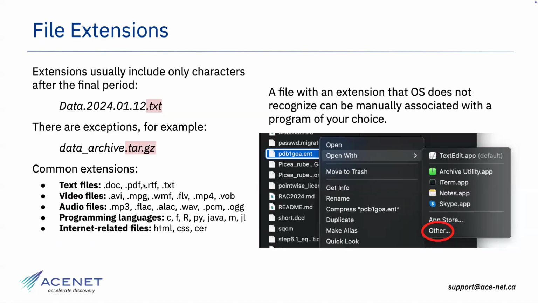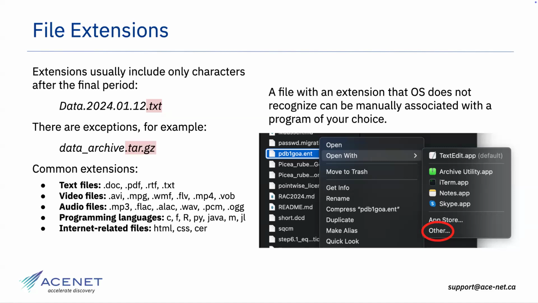An operating system might rely solely on the file extension to determine which application to use to open it. Or it might also rely on metadata stored inside the file. Each operating system varies in how it uses extensions when matching files to applications, and to what degree.